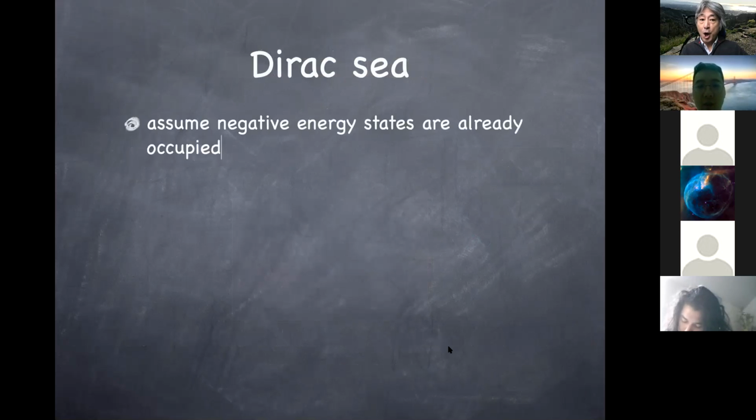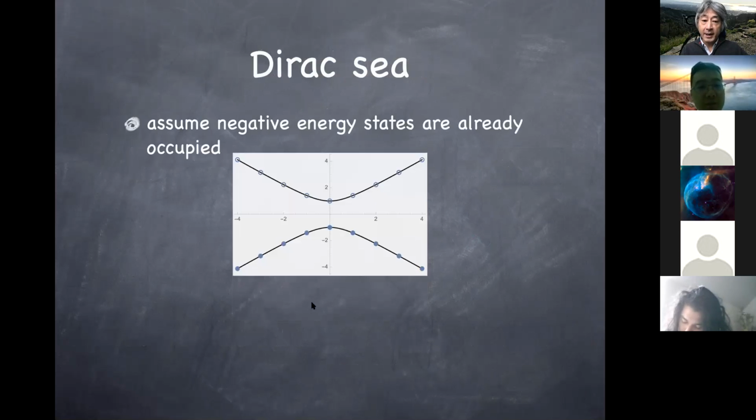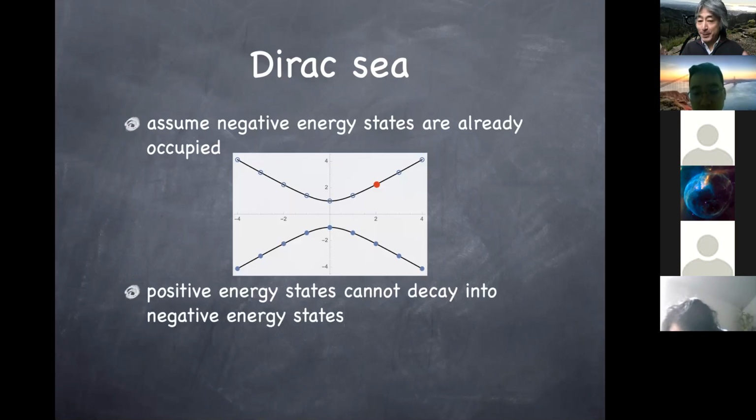He said, okay, maybe all of these negative energy states are already occupied. Then this positive energy state cannot decay into negative energy states because they are already occupied. That doesn't happen because of Pauli's exclusion principle, or Pauli's exclusion principle as we talked about. So then it's okay.